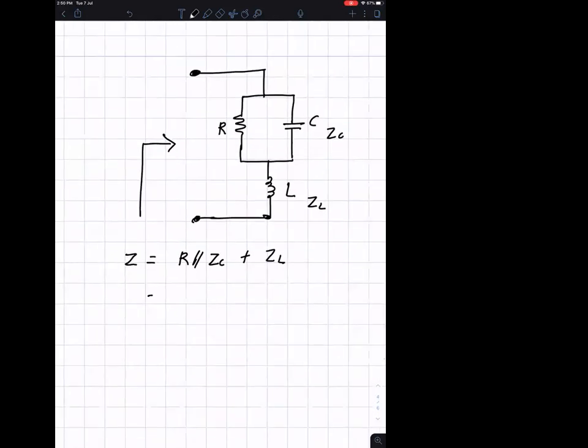These two things are in parallel. Parallel is R multiplied by 1 over j omega C, over R plus 1 over j omega C. And then plus ZL. ZL is j omega L.